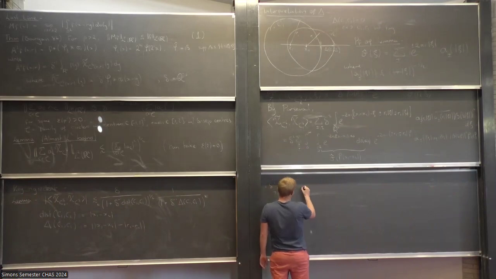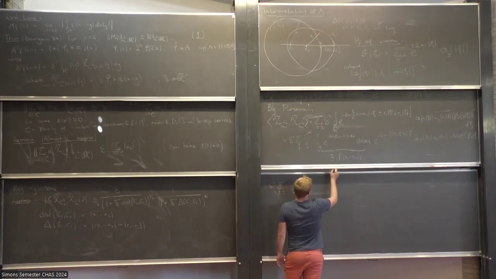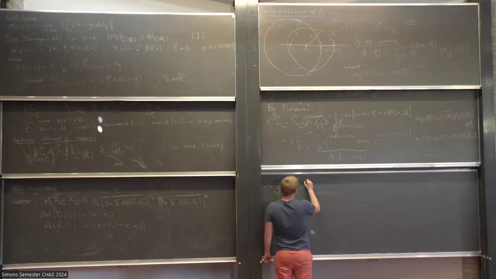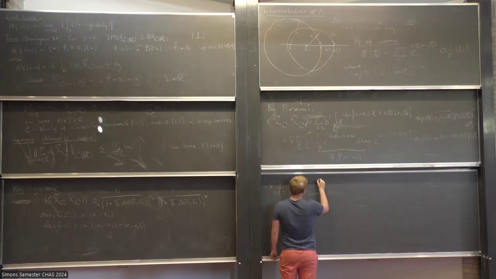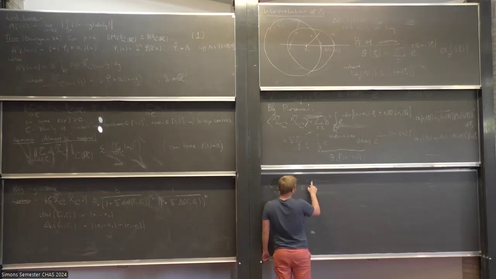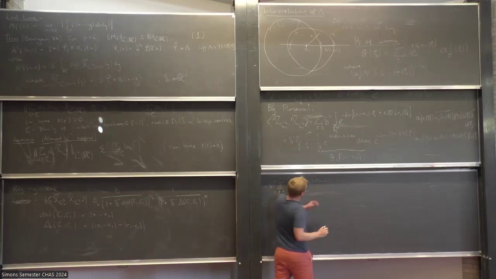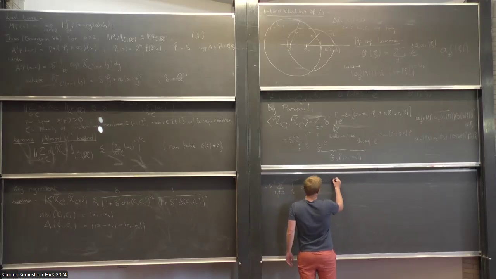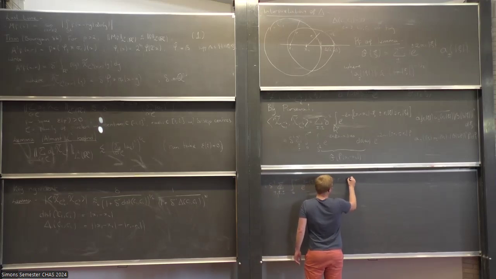We have the phase coming from this thing, which is e to the plus or minus 2 pi i rho times the norm of x1 minus x2. Plus and minus here. And then we've got the other terms, plus and minus r1, plus and minus r2.